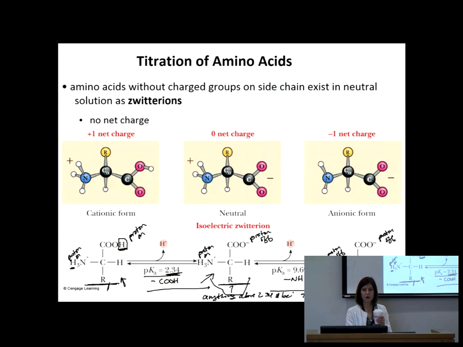Don't be scared about drawing the structure. You just have to know amine, alpha carbon, acid. And off the alpha carbon, you have the R group and the hydrogen. I think this class is a little deceptive because it's a lot of independent study. There's not a lot of physical work that you have to do for it. There's no Mastering Chemistry, so you have to practice drawing these things on your own over and over.